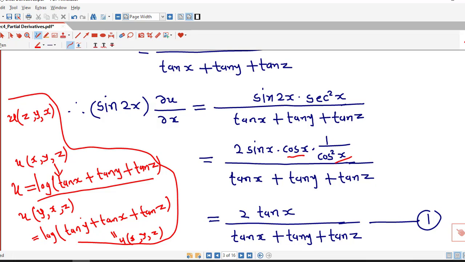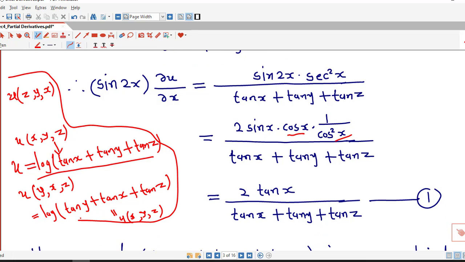So we can write down other two terms simply by replacing x by y and y by z. Here sin 2x into del u by del x equal to 2 10x divided by 10x plus 10y plus 10z. So if we want to write down sin 2y into del u by del y, if we have x here, here we have 2 10x.